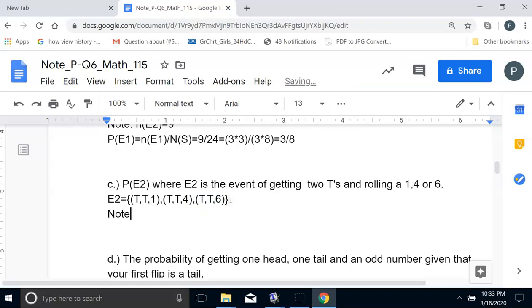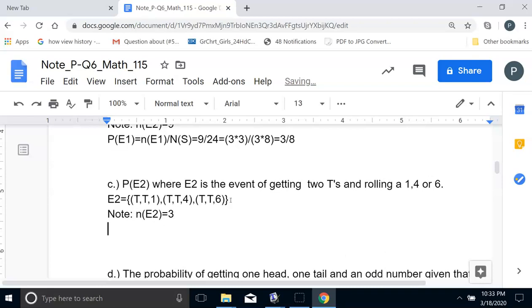Note here, the number in event 2 is 3. So the probability of event 2 happening is equal to the number in event 2 divided by the number in S, the sample space.